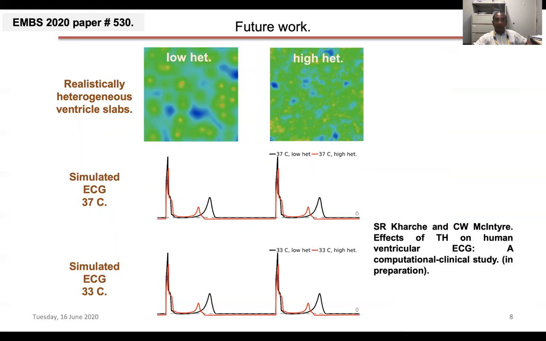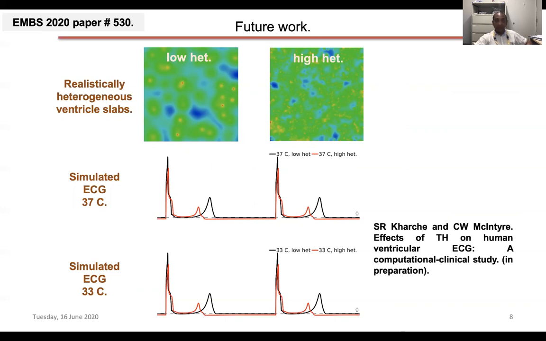It can be appreciated that an increased heterogeneity, as shown in the middle panel, ECGs at physiological temperatures, promotes a shorter QT interval. It also reduces the T wave amplitude, reflecting the increased ischemic stress.